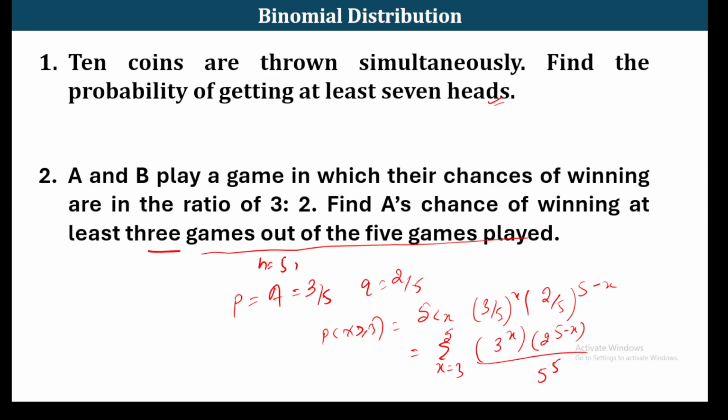Now write the summation for x is equal to 3 to 5. Put x is equal to 3, x is equal to 4, then x is equal to 5, and you will get some answer. So this is all about the binomial distribution.